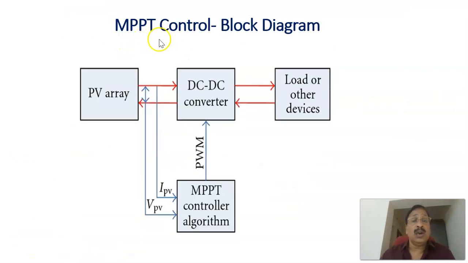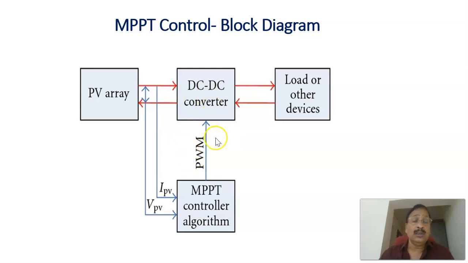This represents the block diagram of an MPPT controller. As we have already seen, there is the PV array, the PV panel, and a DC to DC converter, which is the buck boost converter, and that is given to the load here.